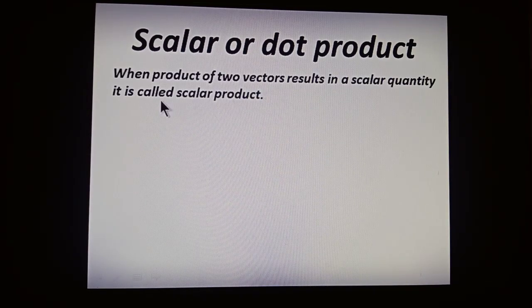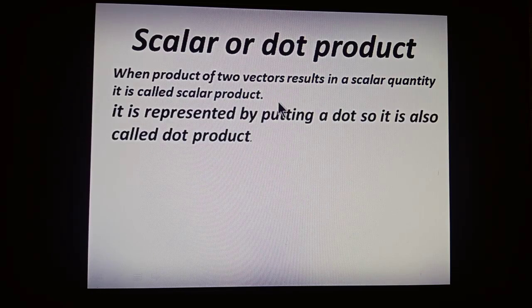When we multiply two vectors and the product is a scalar quantity, we call it scalar product or dot product. This type of product is represented by putting a dot between two vectors, so we call it dot product.